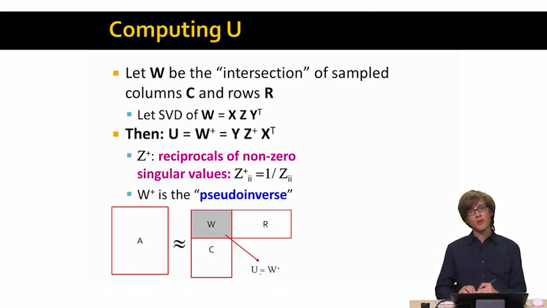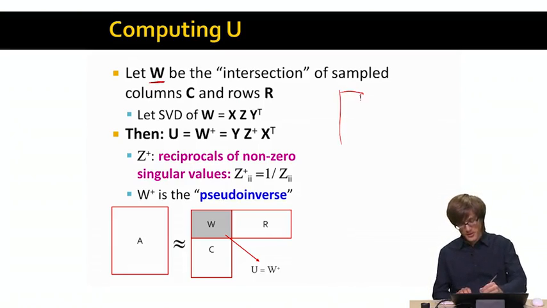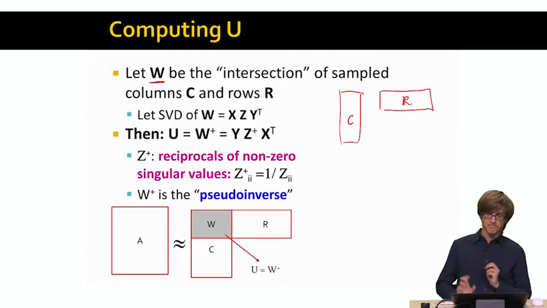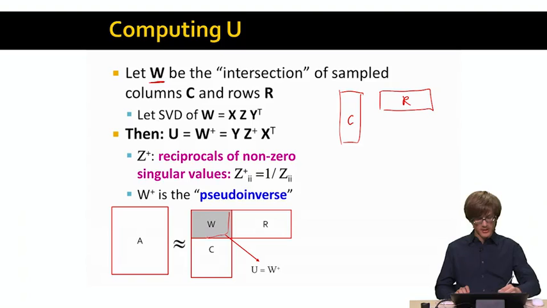The way we will compute matrix U is first we will define the matrix W to be the intersection of rows and columns that we sampled. If I think of my column matrix C and my row matrix R, then matrix W is basically the intersection of these.